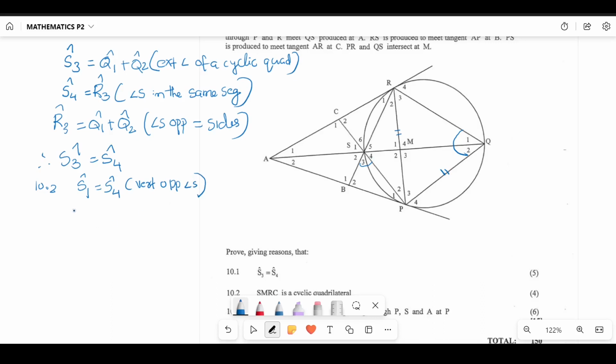Now the S4 that we found is equal to Q1 plus Q2. We proved here S4 equal to R3 equal to Q1 plus Q2. So S4 equal to Q1 plus Q2, proven.